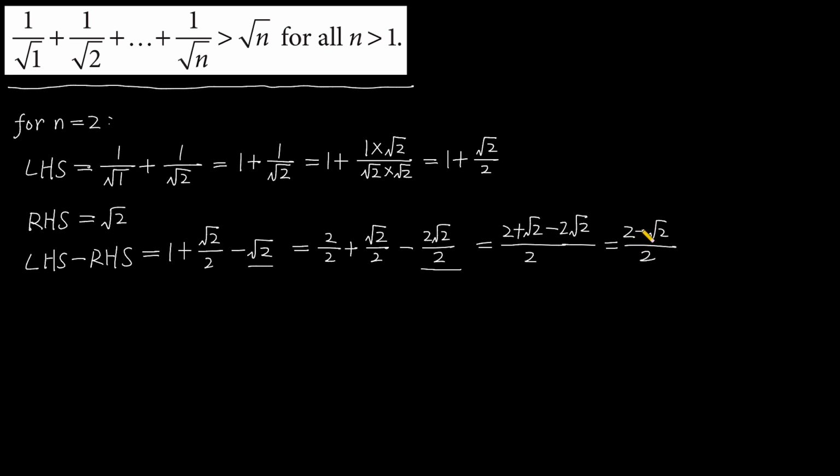We know that 2 is larger than square root of 2. So this one is larger than 0. Then we know that left hand side is larger than right hand side.